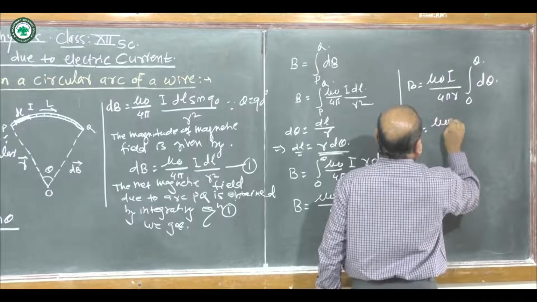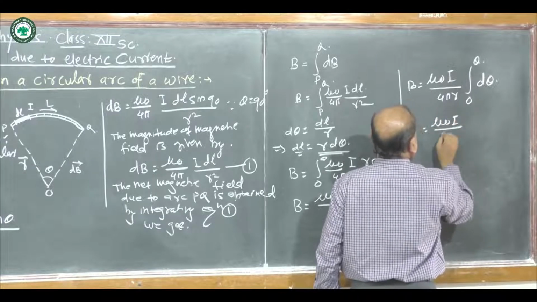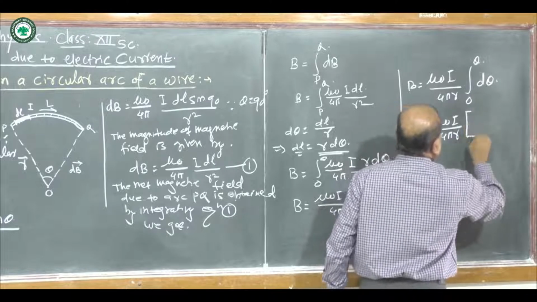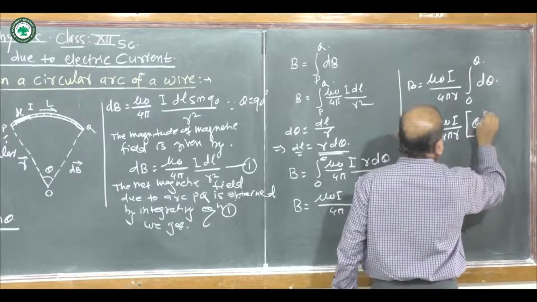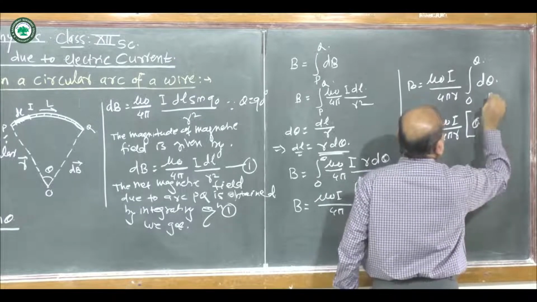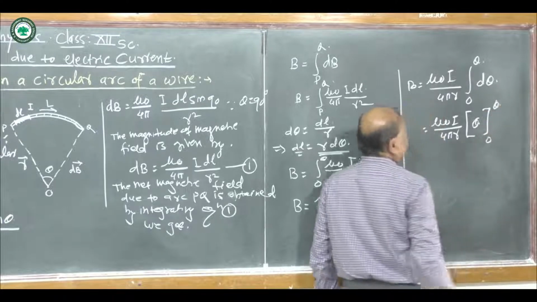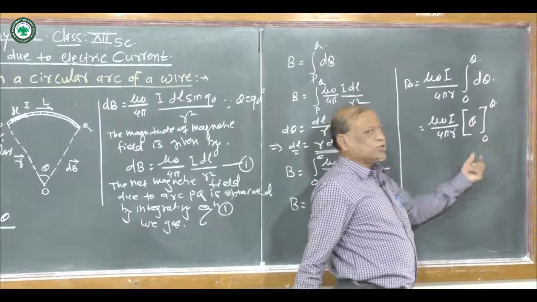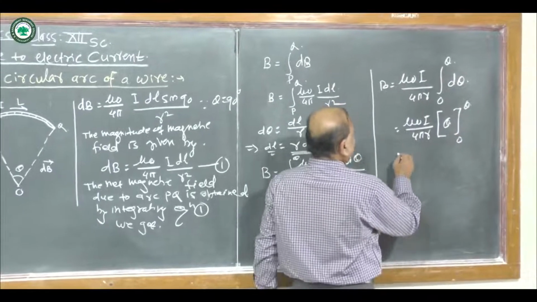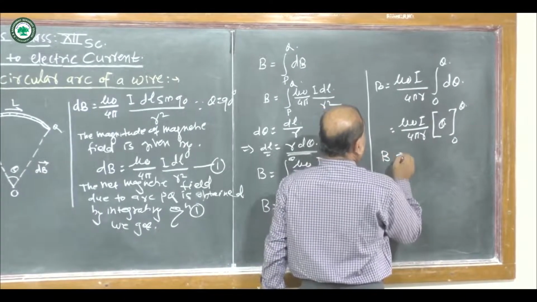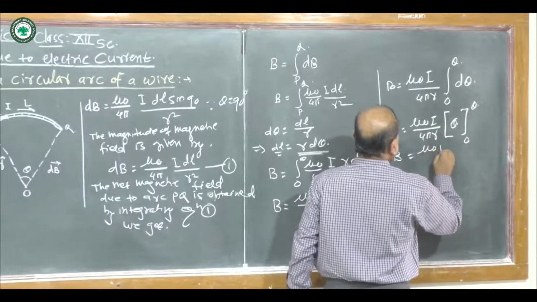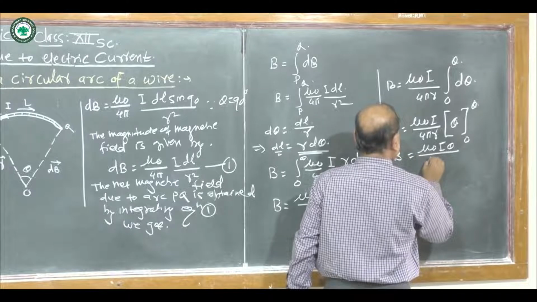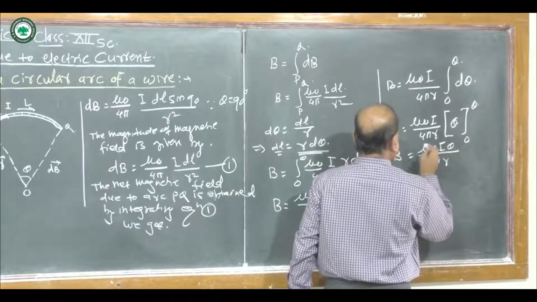Now mu 0 I over 4 pi r times theta, with limits from 0 to theta, gives theta minus 0, and then the magnetic field B is equal to mu 0 I theta divided by 4 pi r.